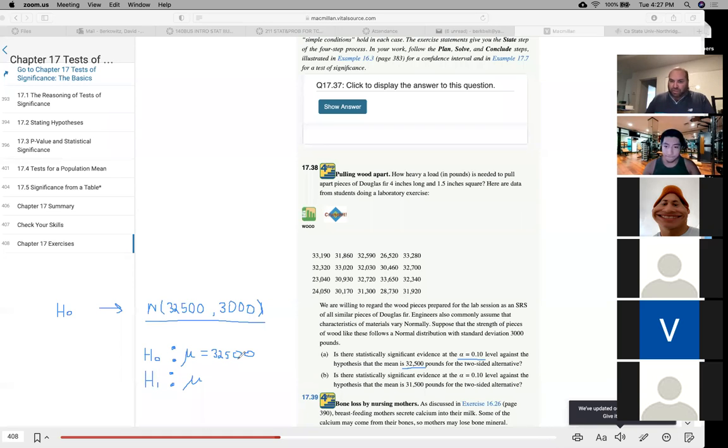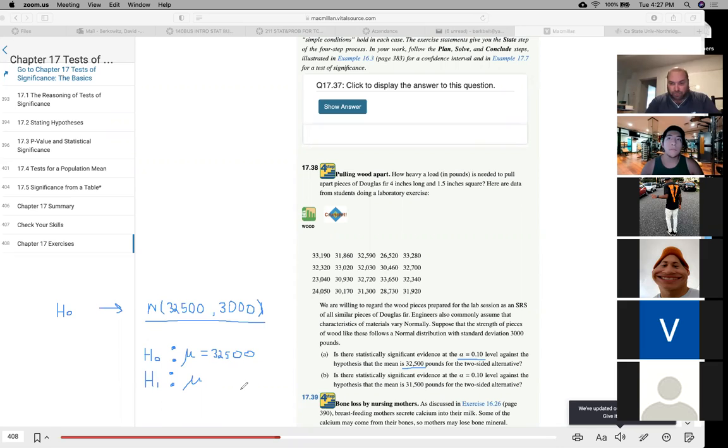Now, in this particular example, we're dealing with what's called a two-sided alternative. What do you think two-sided alternative is referring to? Which of those three options: more than, less than, or different from? Different from. Two-sided, either the left or the right.